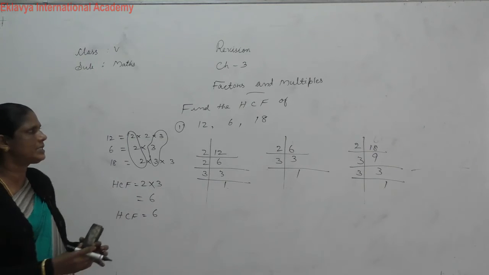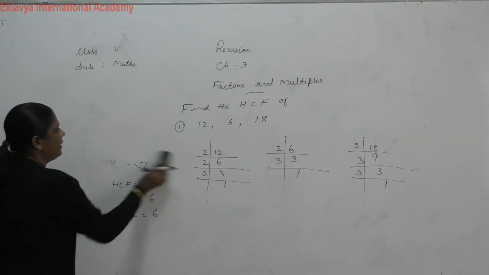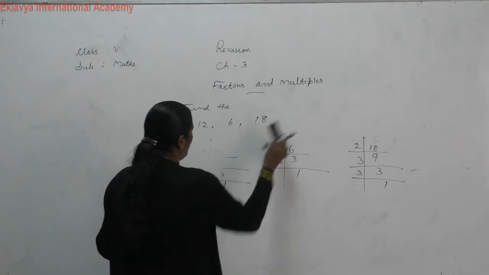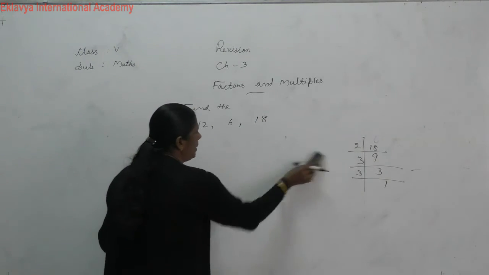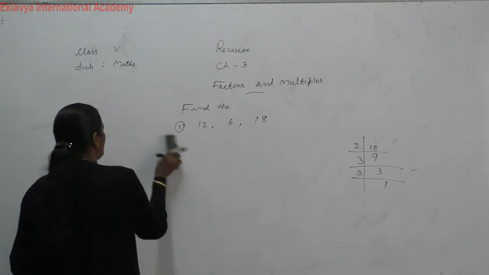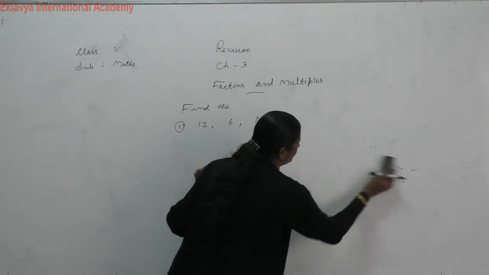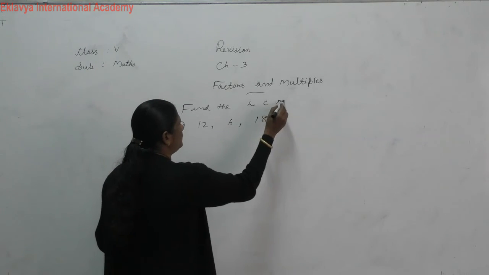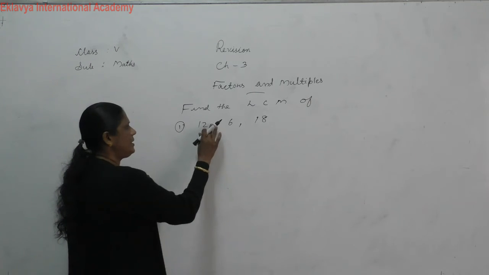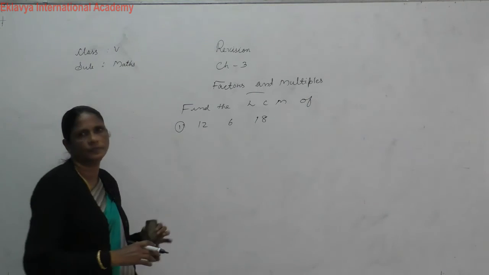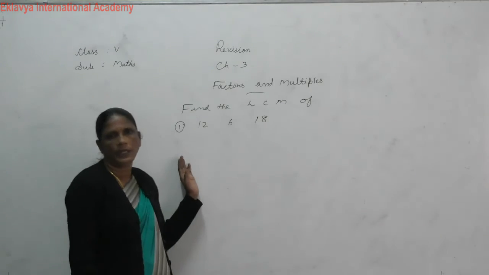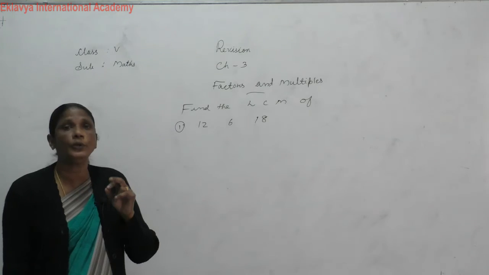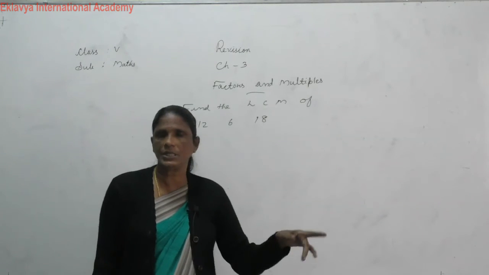Understand? HCF. Then the next question, find the LCM. Least common multiple, or lowest common multiple. Find the LCM of these numbers. To find the LCM you follow the common division method.